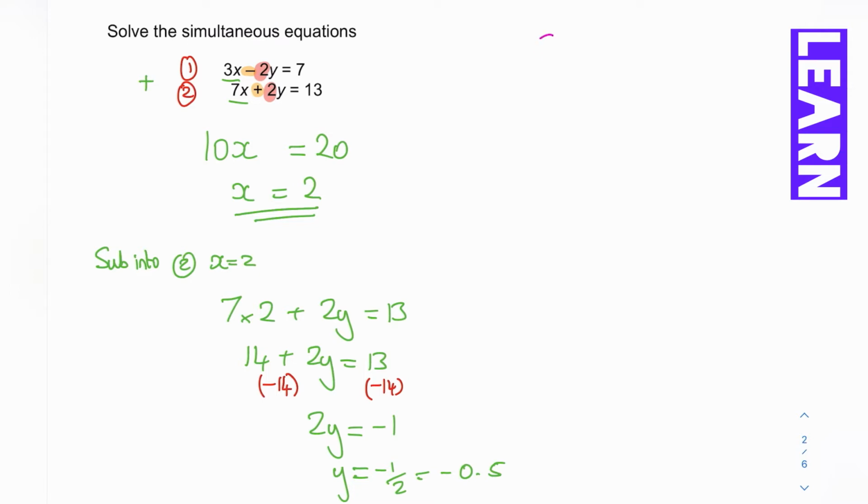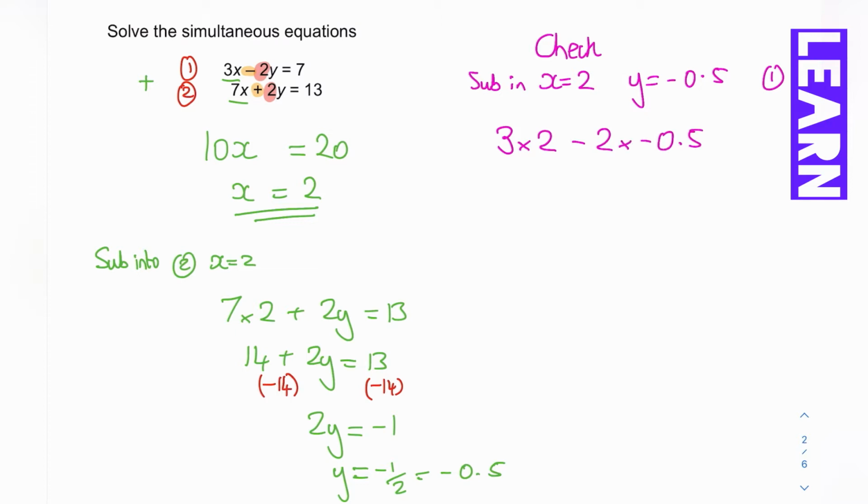So I would always advise that you can check by substituting in x equals 2 and y equals negative 0.5. Now we're going to substitute this into the one we didn't use. So we're going to sub in to 1. So we've got 3 lots of x, so 3 times 2, subtract 2 lots of y, so 2 lots of negative 0.5. 3 multiplied by 2 is 6.